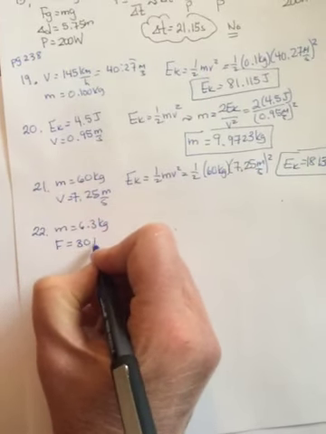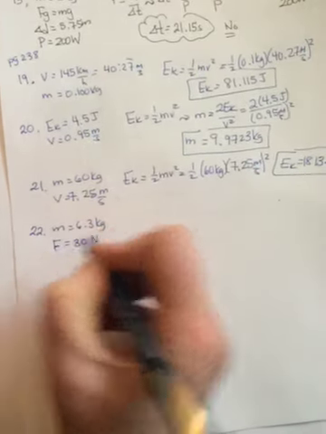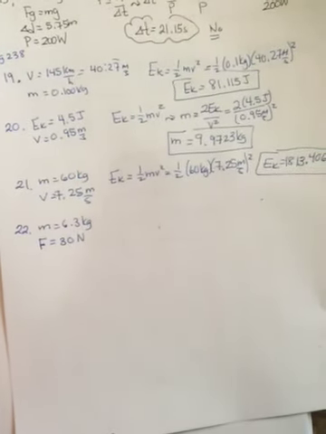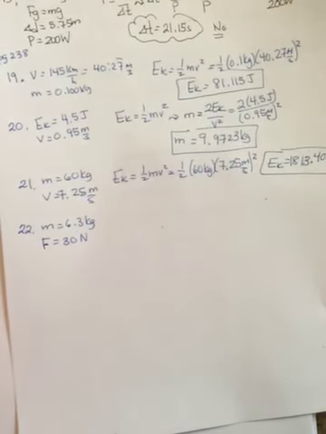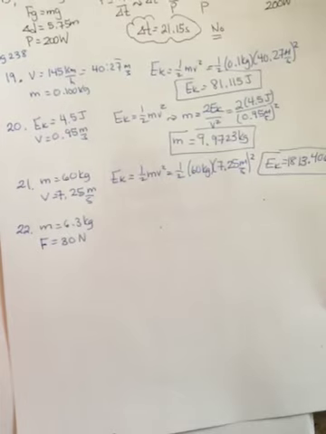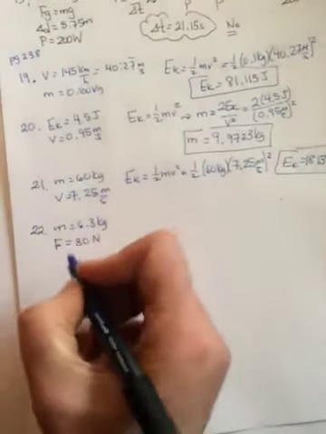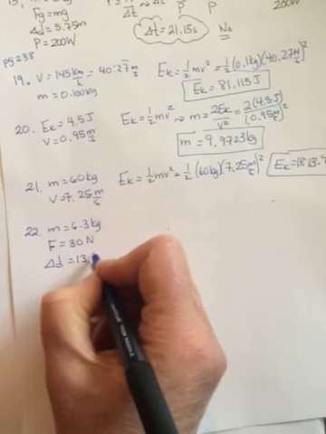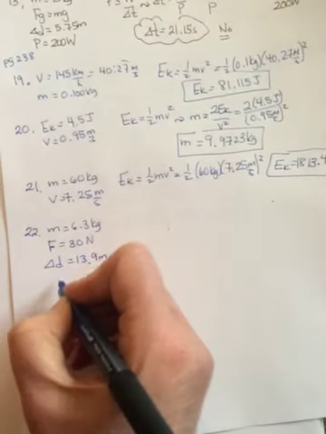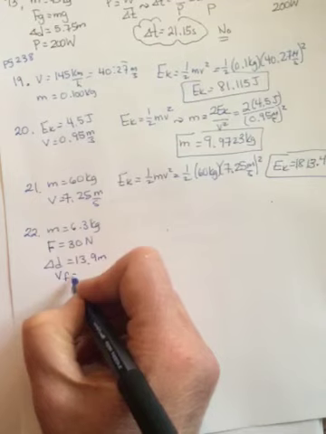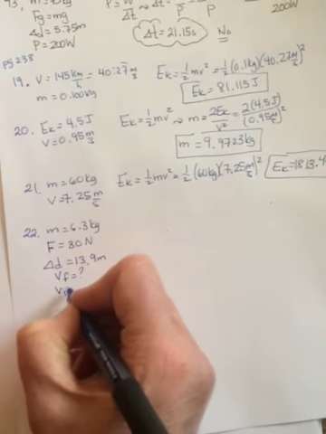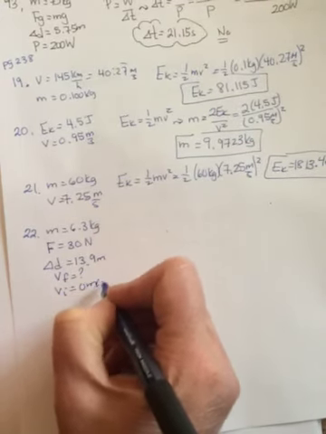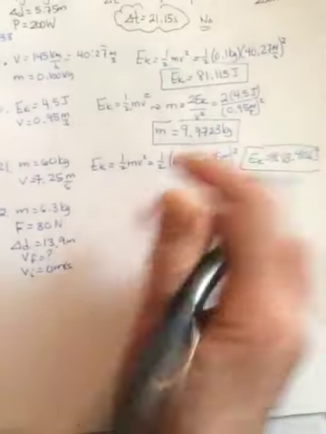Now, it tells us the length of the pond, and I think that's just to let you know that you don't push it off the pond. Because then it says, find the velocity of the rock once it has traveled 13.9 meters. So the delta D is 13.9 meters. All right, and you want the v final. The v initial, the rock's not moving before you pushed it. How do I know? Because rocks don't move on their own.